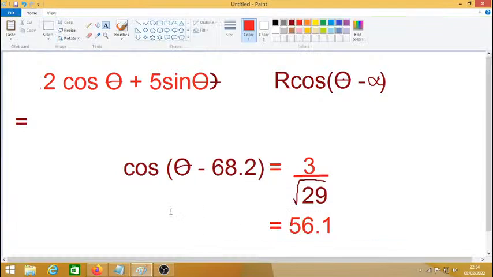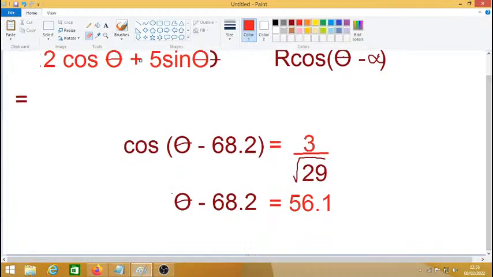So I can say that theta minus 68.2, once I inverse cos, gives the answer of 56.1. I can drop the brackets now, and then I can add.